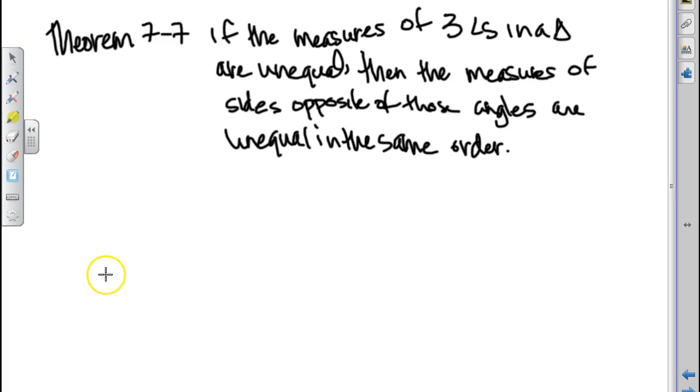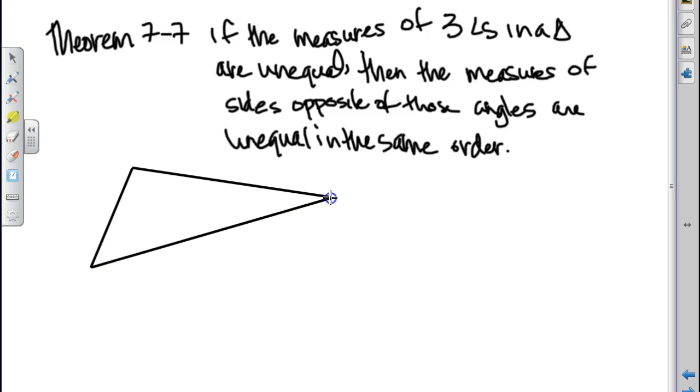All right, so let's get an example rolling here. 33 degrees, 56 degrees, and 91 degrees. Is that 180? Yes, got it. So there's my triangle, and let's call this triangle QRS.